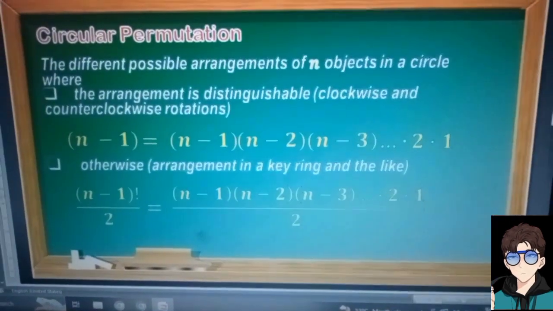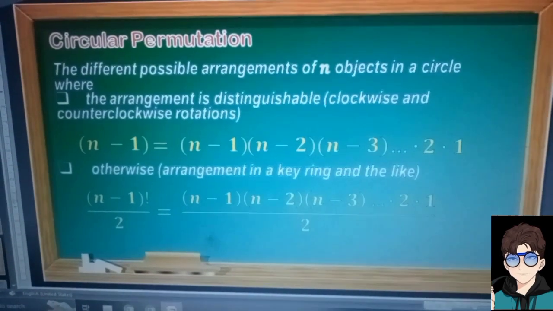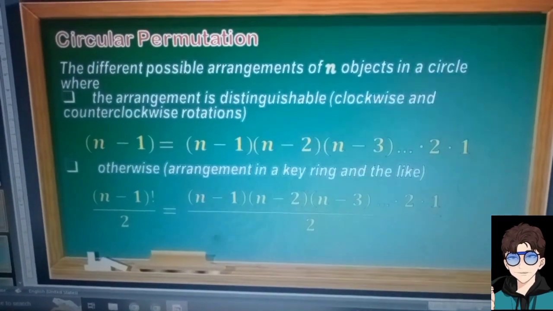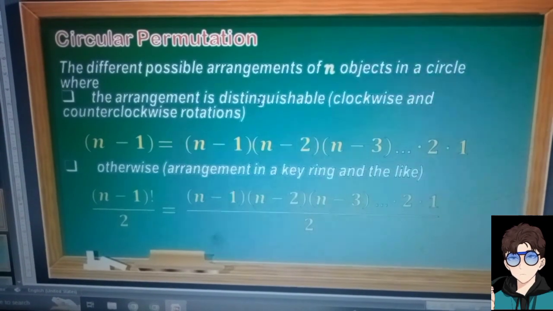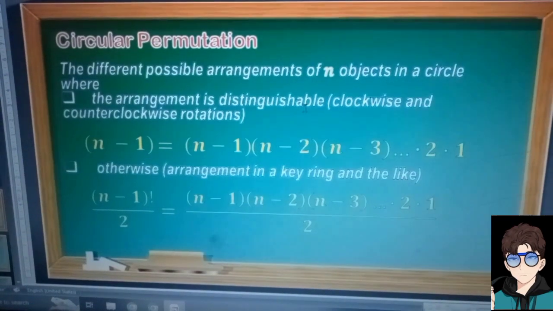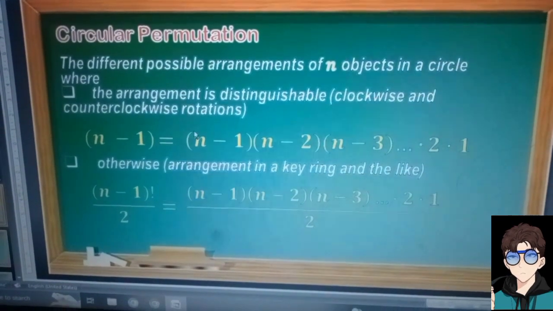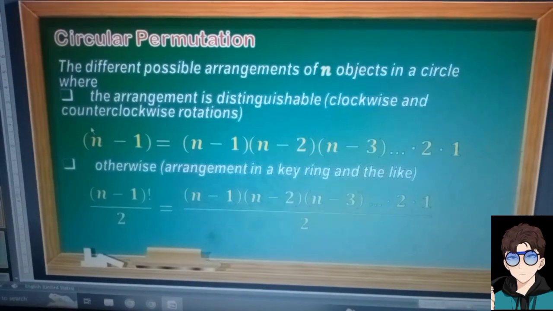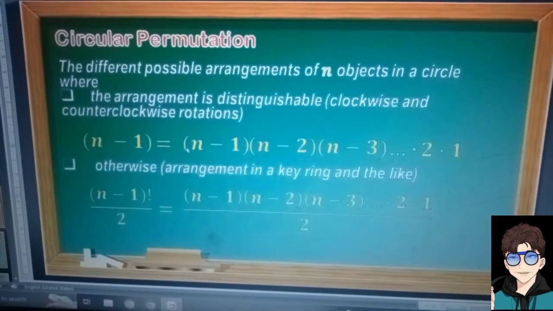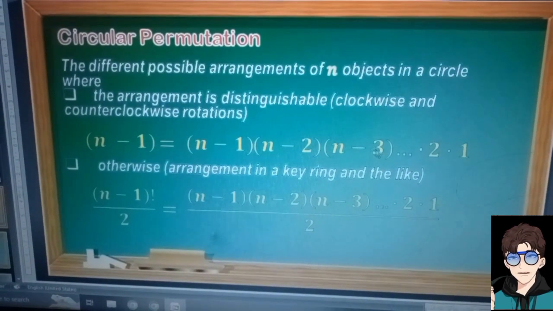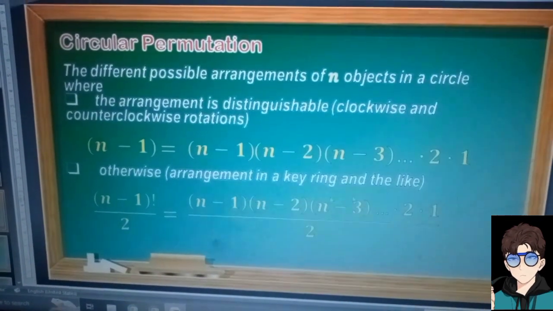Then we also have the circular permutations. The circular permutation is the different possible arrangement of n objects in a circle where the arrangement is distinguishable clockwise and counterclockwise. The formula is the quantity of n minus 1 factorial, which is n minus 1 times n minus 2 times n minus 3 and so on, down to 2 times 1.